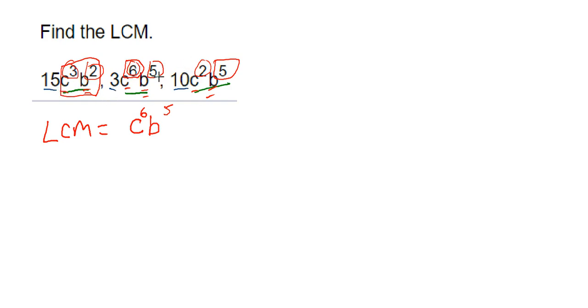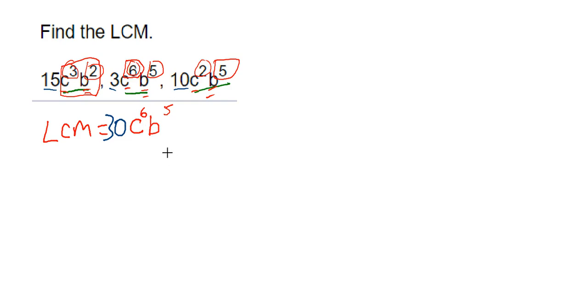And also numbers that can be divided by 10, which would be 20, 30, 40, 50. And we want the smallest number that can be divided by each of these 3. And so we already kind of mentioned it, the answer, it's 30, right? 30 can be divided by 15, 30 can be divided by 3, and 30 can be divided by 10. And so that's the number that I'm going to put here for the LCM, for the numbers.